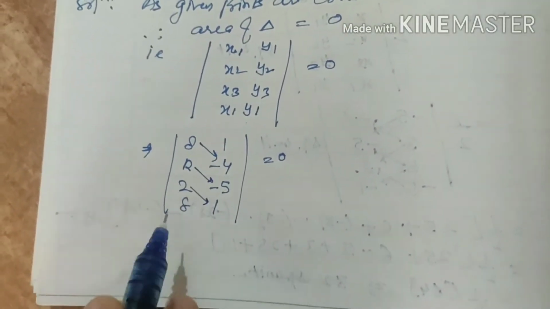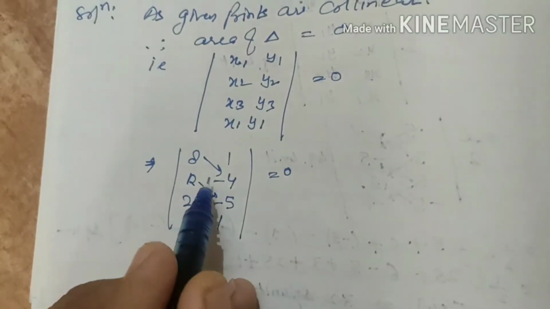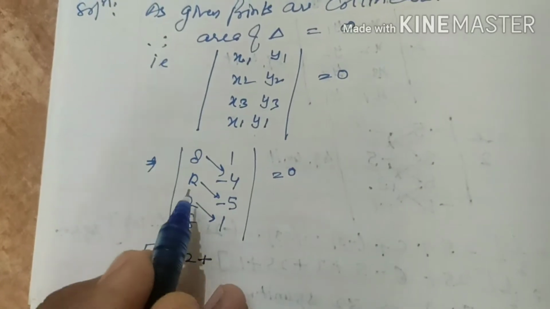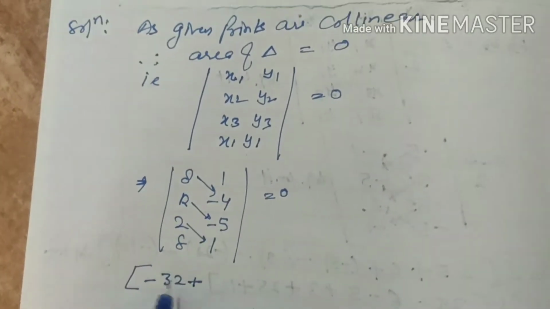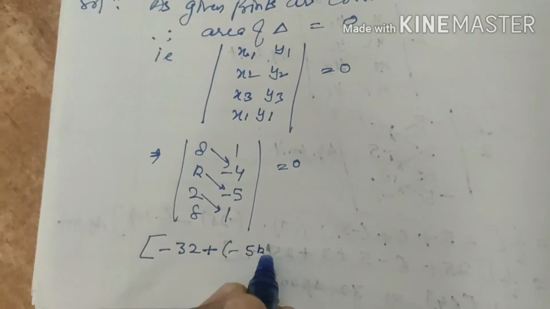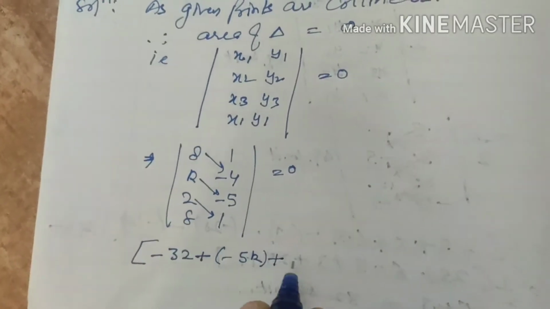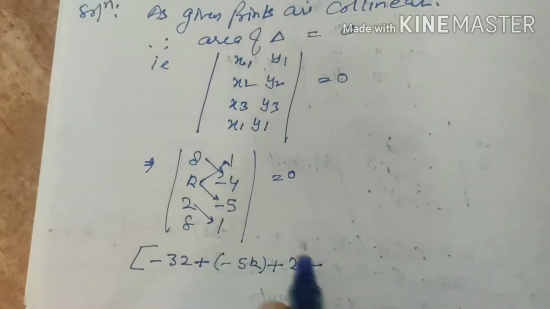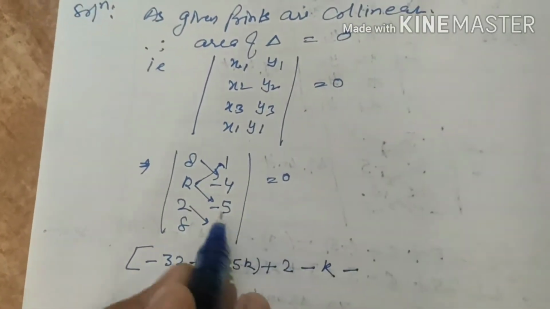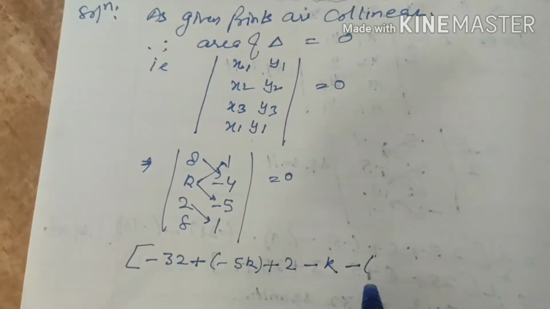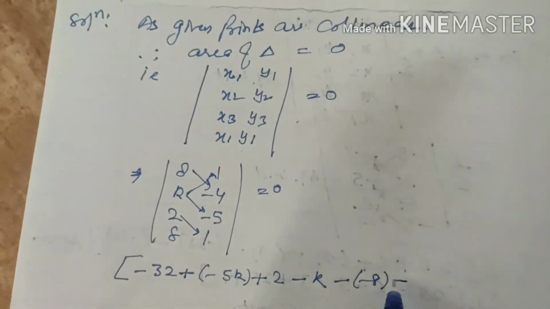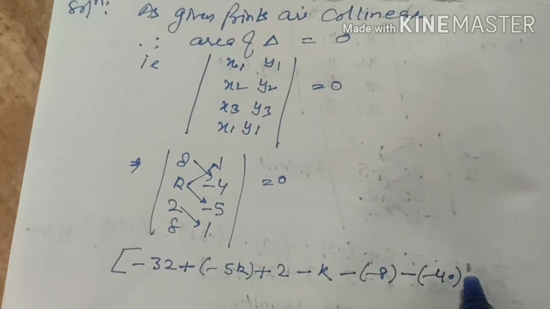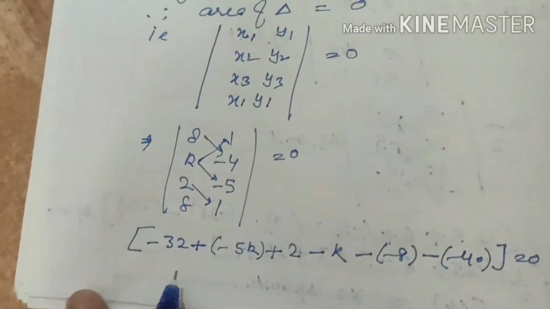First 8 into 4 is 32, so this will become minus 32, plus k into minus 5 becomes minus 5k, plus 2 into 1 becomes 2, so minus, now down to up, k into 1 becomes k, so minus k, minus of 2 into minus 4 becomes minus 8, and minus of 8 into minus 5 becomes minus 40, so this will be minus 40 equals to 0.